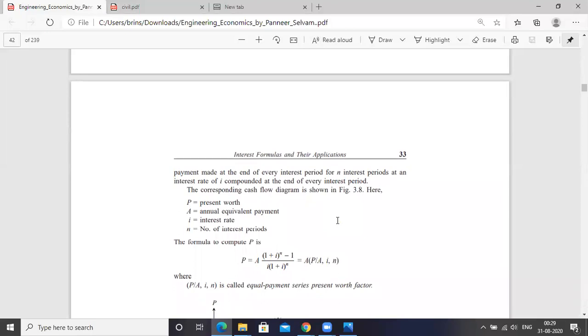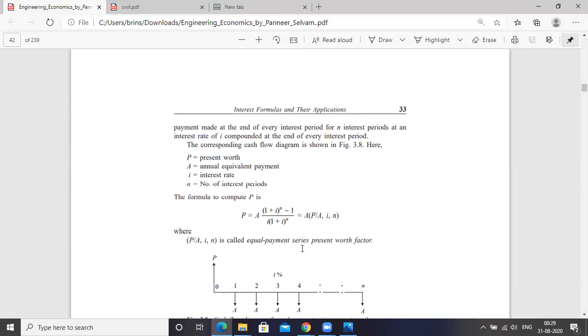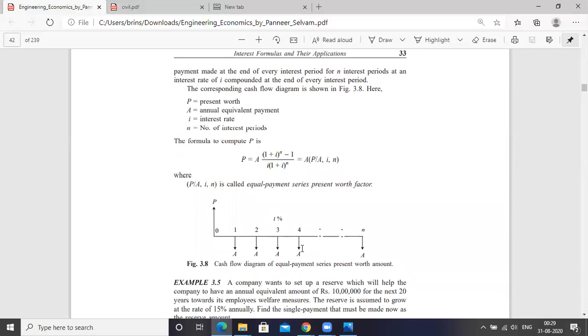So here, P is equal to A into (1 plus i) power n minus 1, divided by i into (1 plus i) power n. Already you know the terms for these, so just moving directly to the problem.